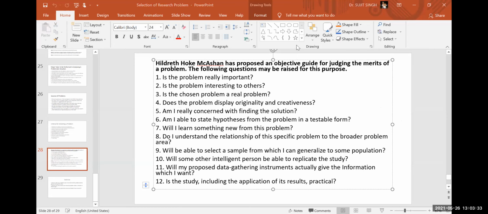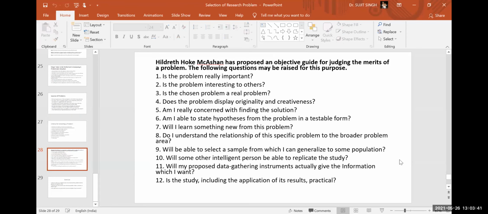Am I going to enhance my knowledge base? So these kinds of questions should be asked by yourself before deciding any problem, any research topic, right? You can keep these slides or notes for future reference whenever you select a topic.